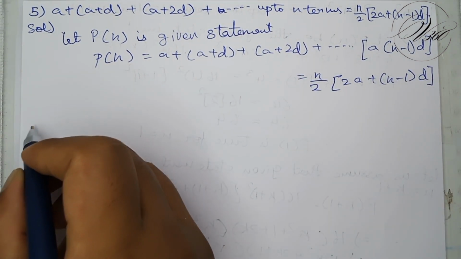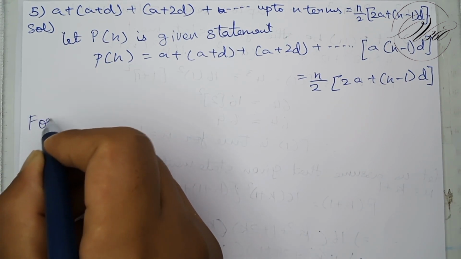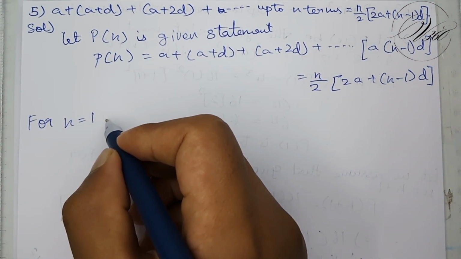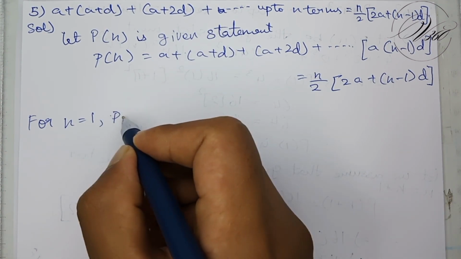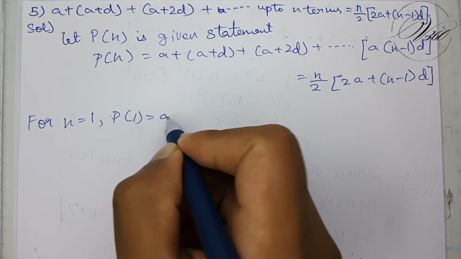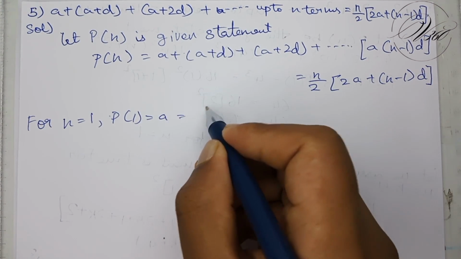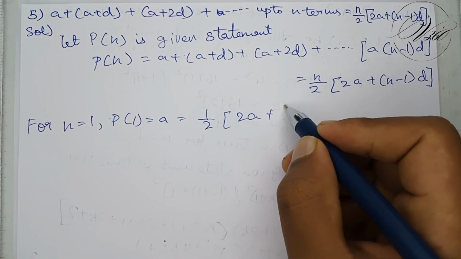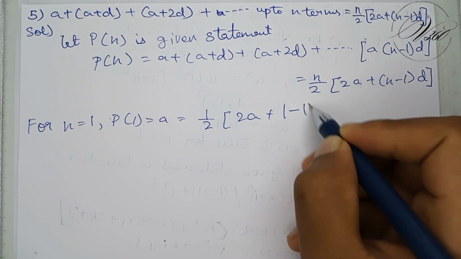Okay, for n equals 1, p of 1 is equals to a, equals 1 by 2 of (2a plus (1 minus 1) of d).